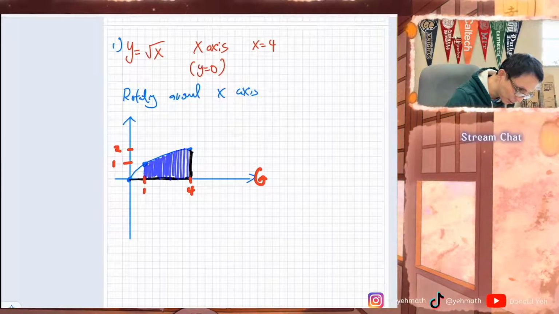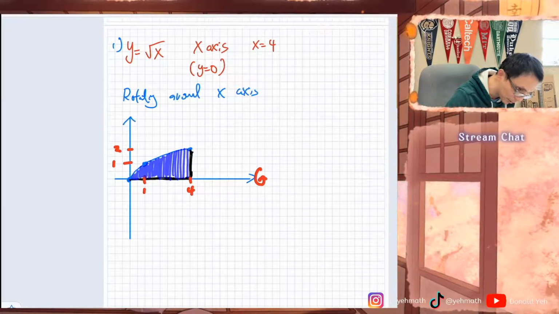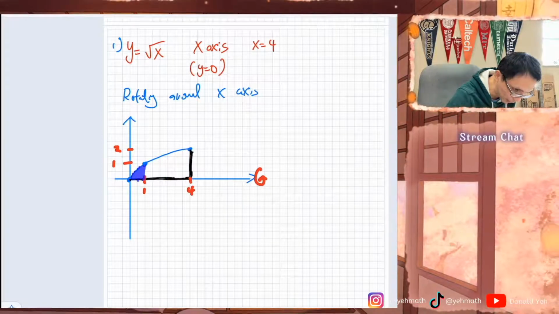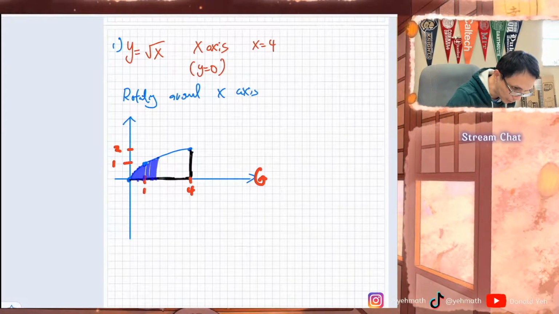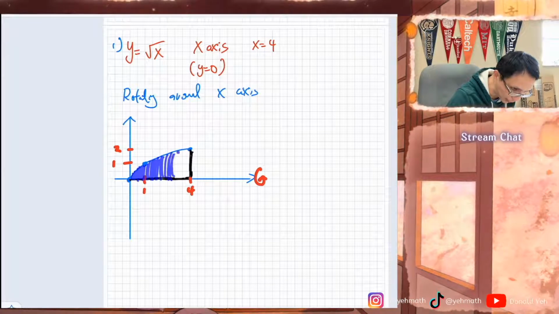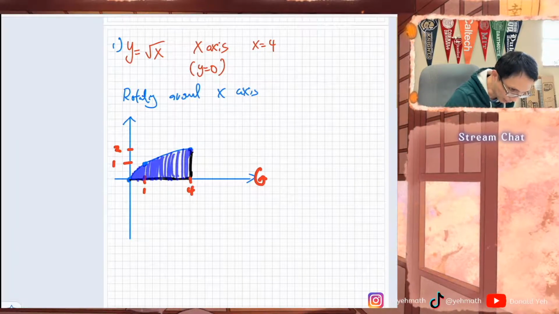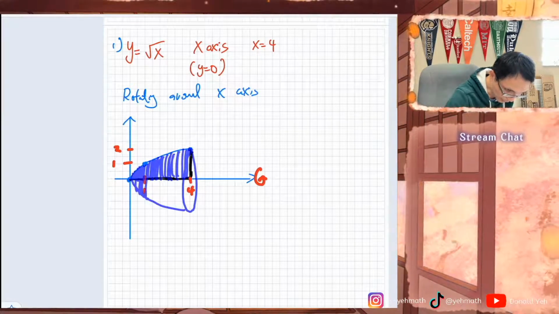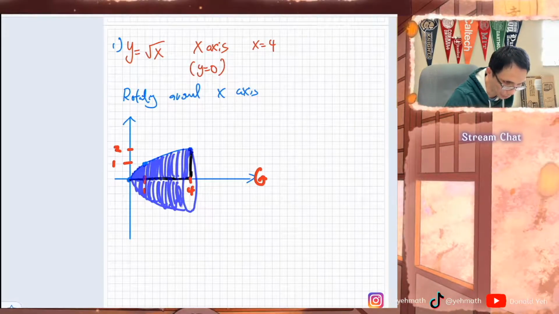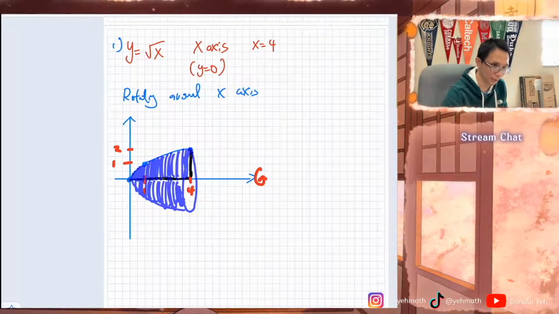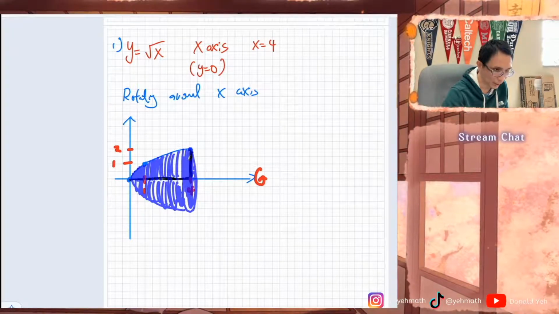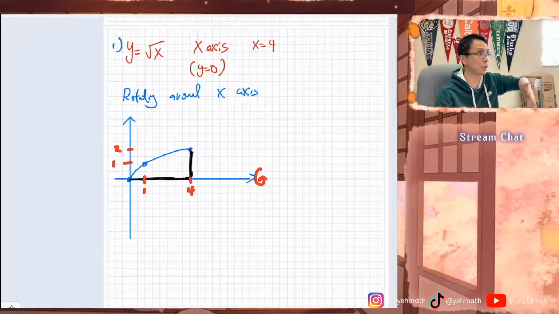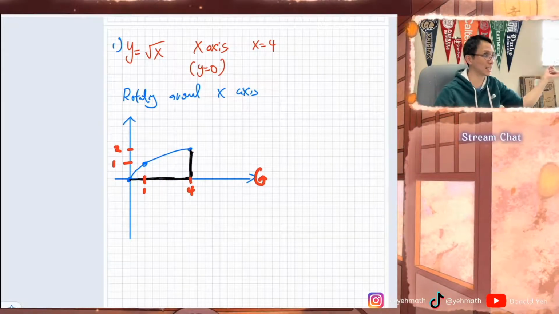The disc gets smaller toward 0. It's actually the other way around, getting bigger the other way down. Each rotation gives you something like this, and you form this bullet shape. But each slice you get is a disc.